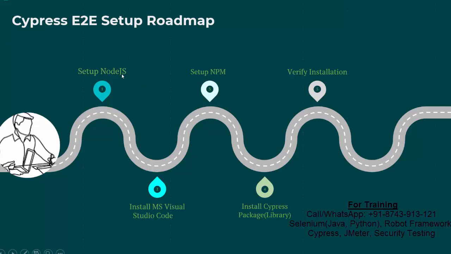We can compare it with the JDK. If you have any prior experience with Java, you must be aware that when we want to automate anything using Java, or when we want to write code in Java, we have to install the JDK, which gives us an environment to write Java code. There we can write code, and there we can execute code.